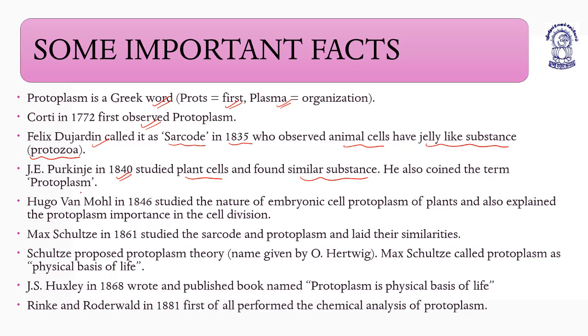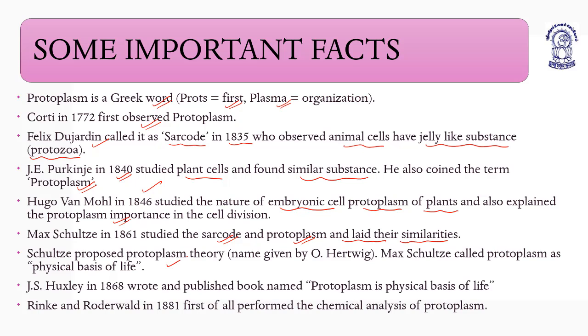He also coined the term protoplasm. Hugo von Mohl in 1846 studied the nature of the embryonic cell protoplasm of plants and explained its importance in cell division. Max Schultze in 1861 studied the sarcode given by Felix Dujardin and protoplasm, and showed their similarities.